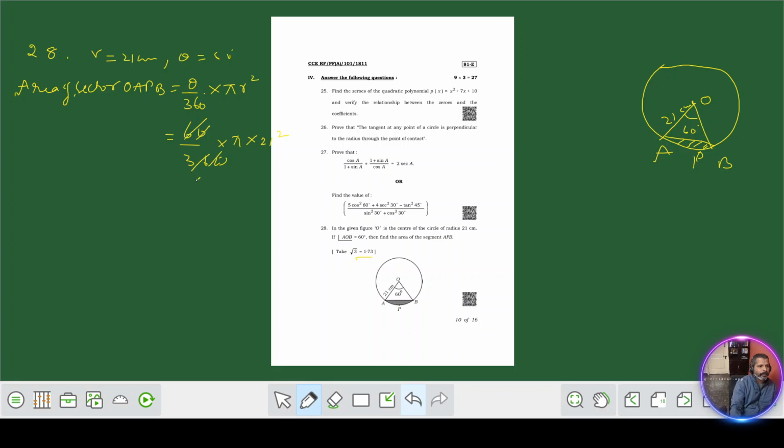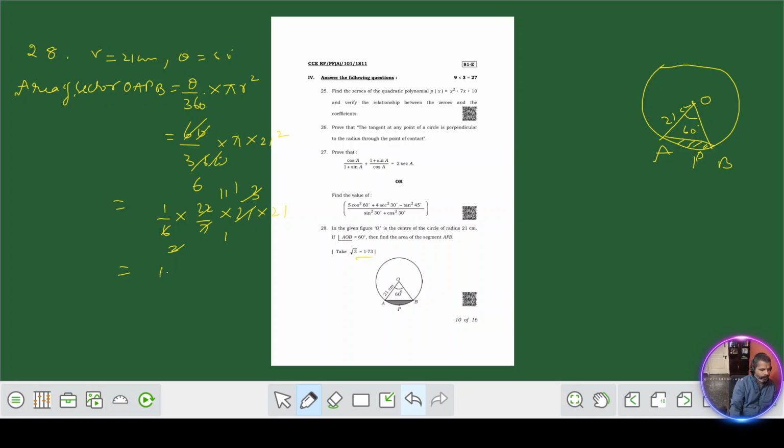1 by 6 into pi is 22 by 7, right? 22 by 7, 21 square is 21 into 21. 7 3s are 21, 3 1s are 3, 2 1s are 2, 2 11s are 22.